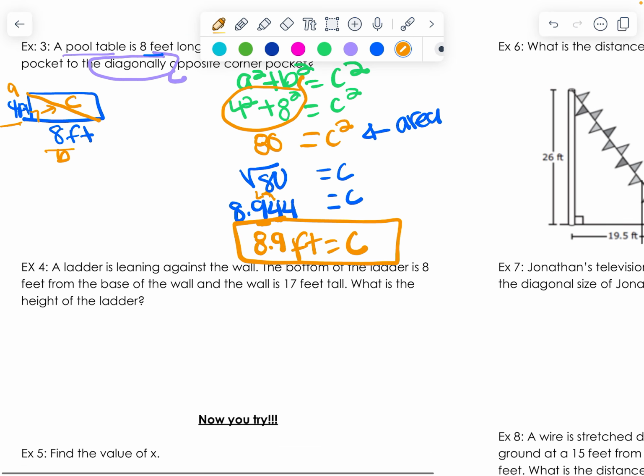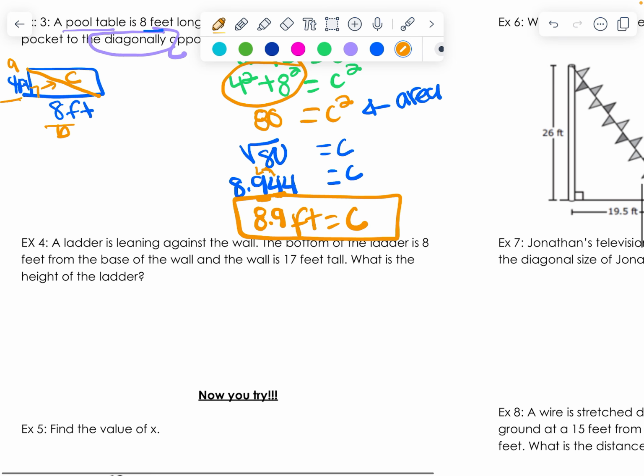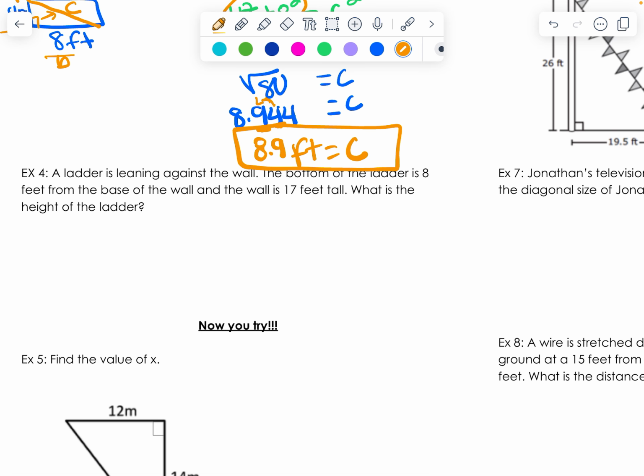All right, let's do one more together, and then you're going to do the last where it says now you try on your own. Okay, now we're talking about a ladder. A ladder is leaning against a wall. Okay, so I'm going to go ahead and draw my wall. Okay, this is a wall. I'm going to label it my wall. And there's a ladder that is leaning against it.